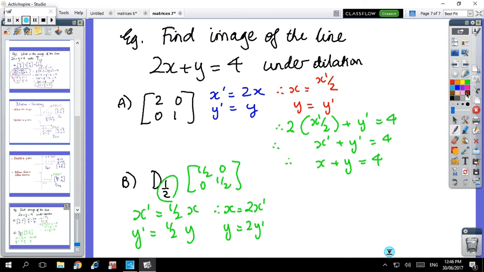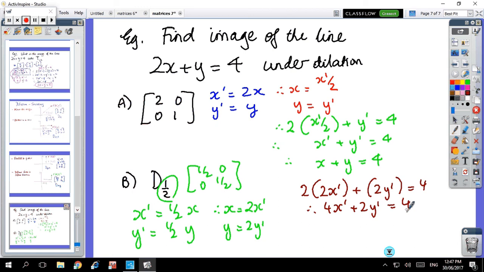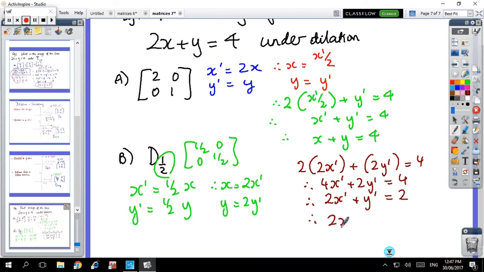So we've got 2 times the new x plus the new y equals 4. So 4x dash plus 2y dash equals 4. Divide through by 2, make the numbers a little bit smaller. And then that's it. Just take off the dashes.